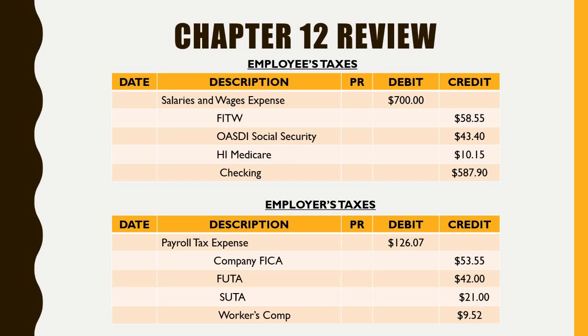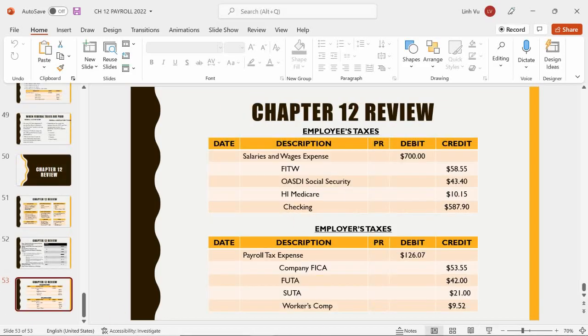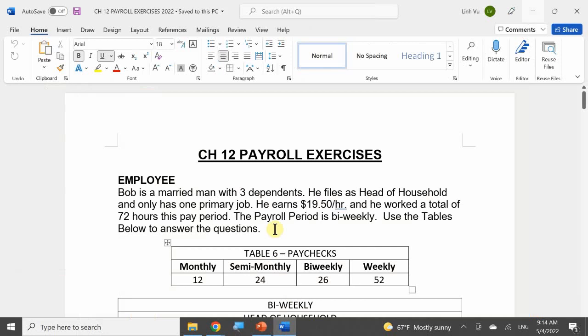Each individual employee we have gets each individual journal, so it's very, very important to know that all these calculations are based on a per individual basis, okay? This is the example for the employee's responsibility and the employer's responsibility. All right, so let's go ahead and dive into the exercise, okay?